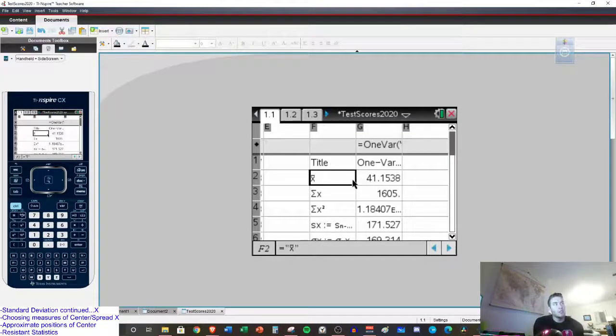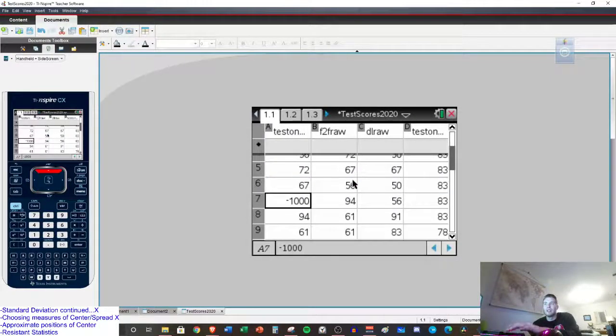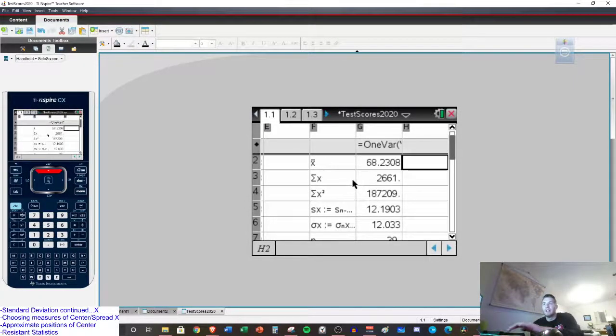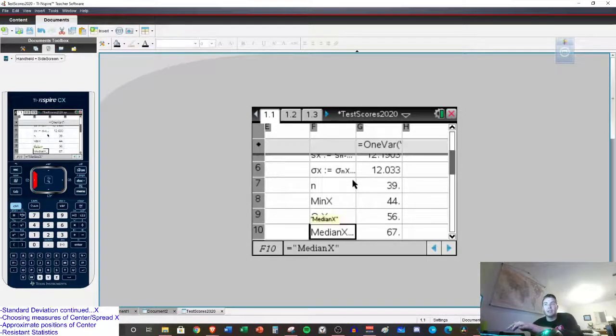Is the mean resistant or non-resistant? So you're going to answer that for me. Is it affected by outliers? And you should have put yes on this. We saw that as soon as I changed the numbers in the data set, as soon as I changed this was 56, so we go back over here, that puts it back to 68. However, the median never changed right here.